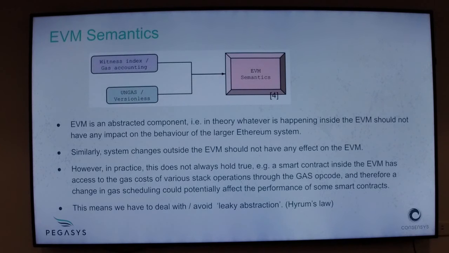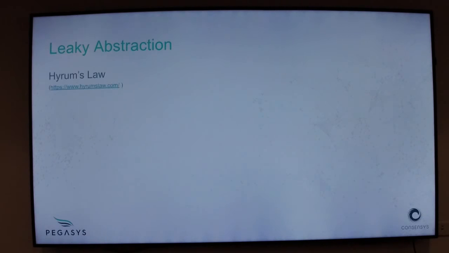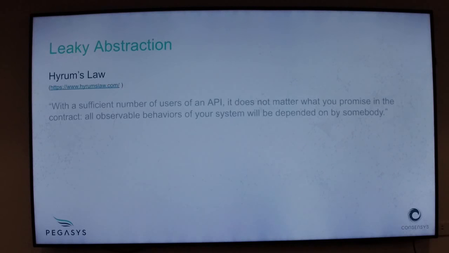So it's a quote related to Hyrum's Law. Is everyone familiar with leaky abstraction and Hyrum's Law? For those of you who are not, Hyrum's Law says that with a sufficient number of users of an API, it does not matter what you promise in the contract, all observable behavior of your system will be depended on by somebody.